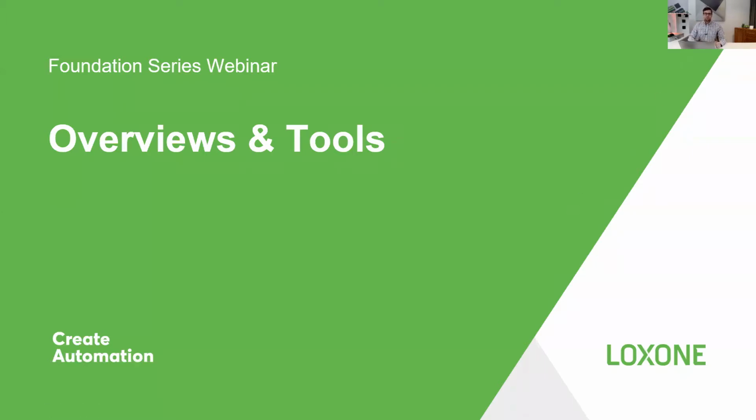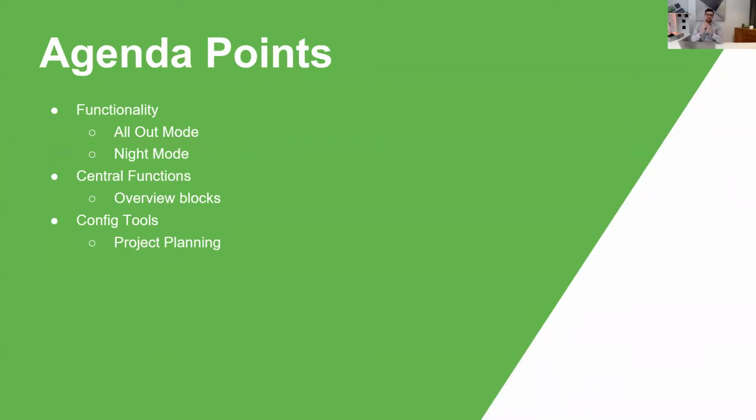So with overview and tools, we are going to be looking at all-out mode and night mode. I've alluded to them a couple of times already throughout this series, and today we're actually going to configure them. We're also going to be looking at overview blocks themselves. We've actually already had one in this series.